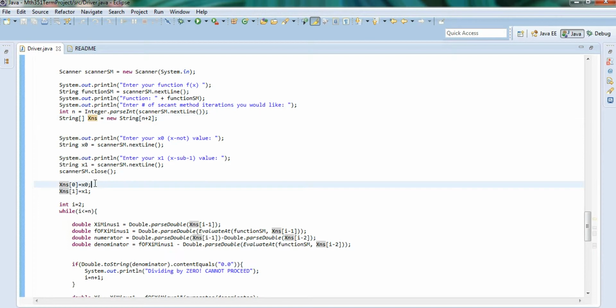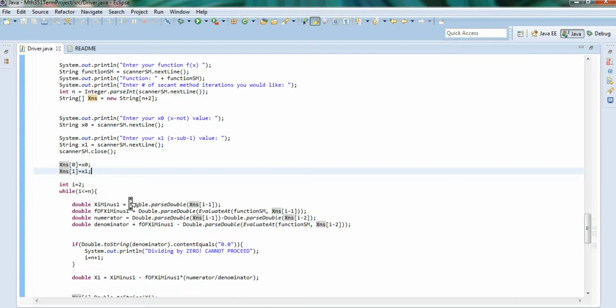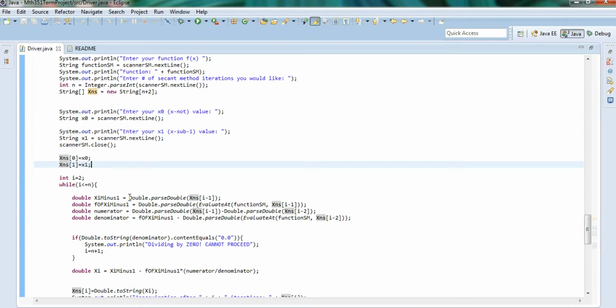Then we set the first thing in the list to x0, the second thing to x1, and xi minus 1 is just x sub i minus 1, and f of xi minus 1 is the function f evaluated at x sub i minus 1. You have the numerator and the denominator. The numerator is right here, basically xn i minus 1 minus xn i minus 2, and then down here is f of x i minus 1 minus f of x i minus 2.